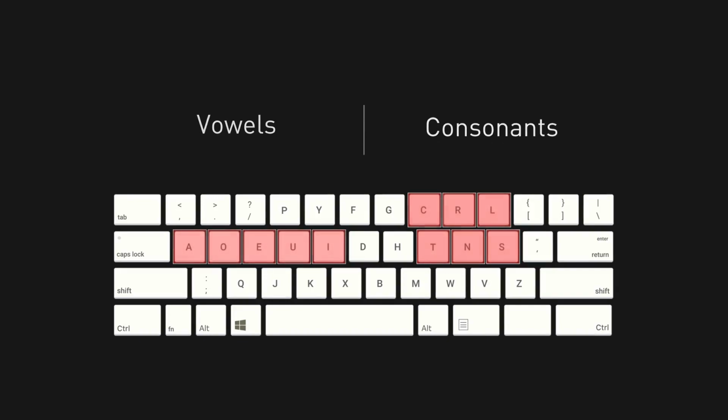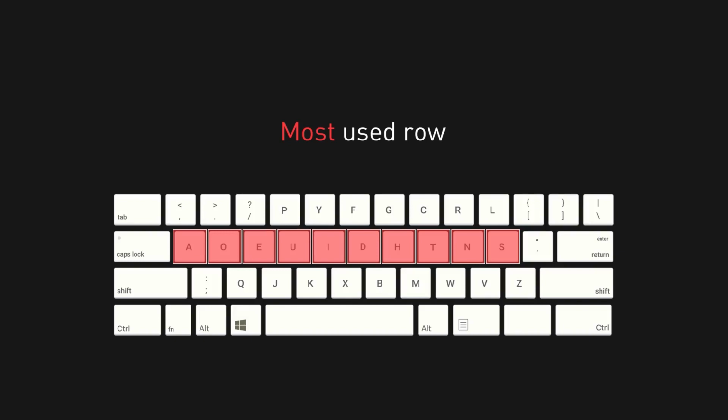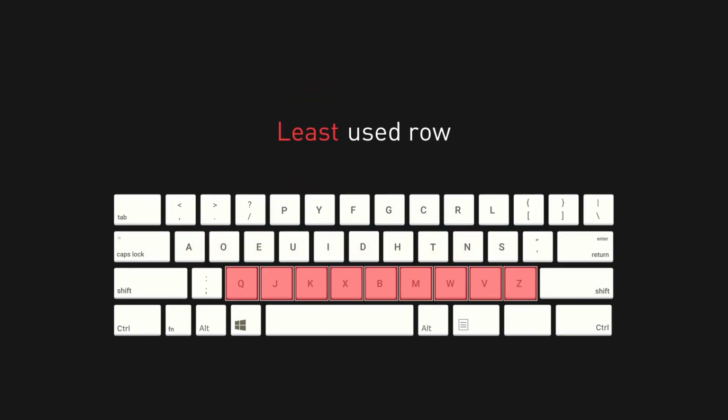For maximum speed and efficiency, the most common letters and bigrams should be typed on the home row, where the fingers rest, and under the strongest fingers. The least common letters should be on the bottom row, which is the hardest row to reach. And you tell me, has anyone proven that?